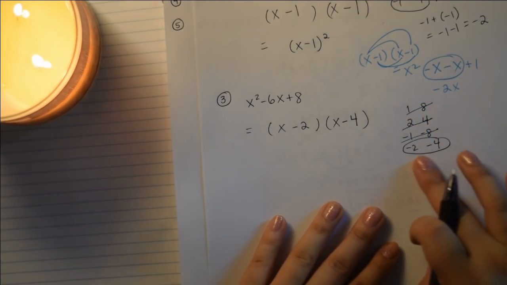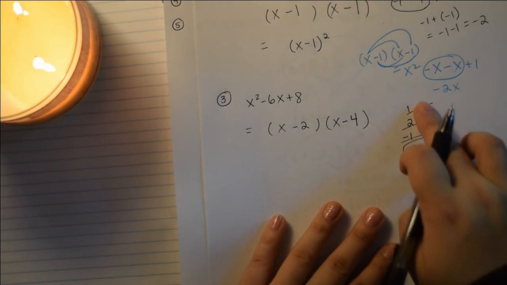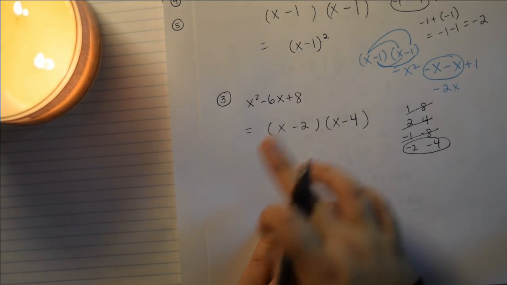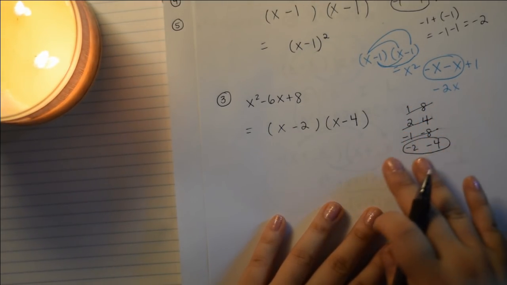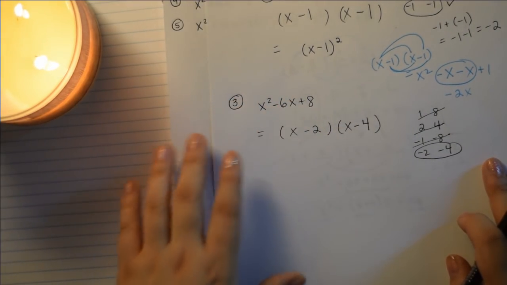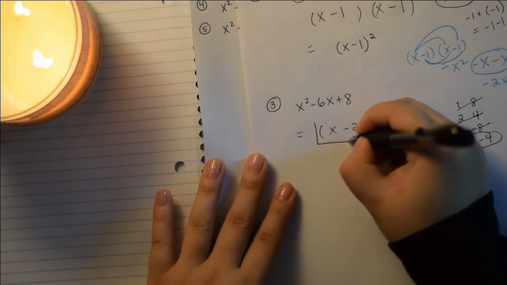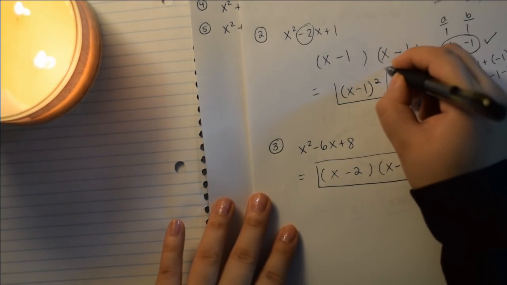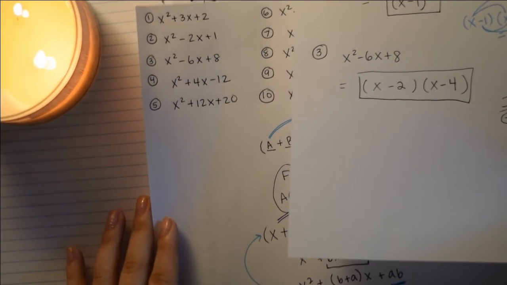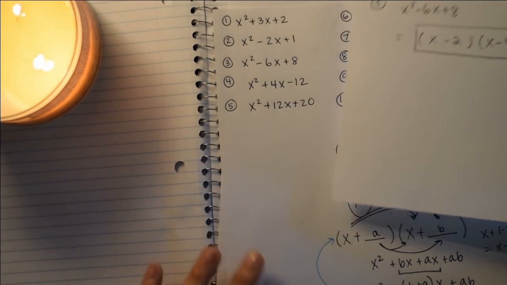So I picked these pairs in the first place so that they already multiply to 8, and those are the only ones I need to check. Then I check which ones add to actually equal this middle part. Nice, very good.